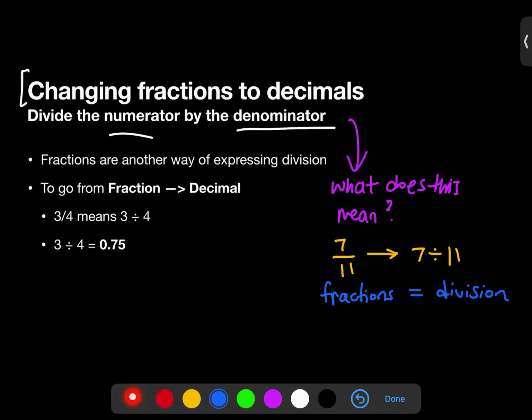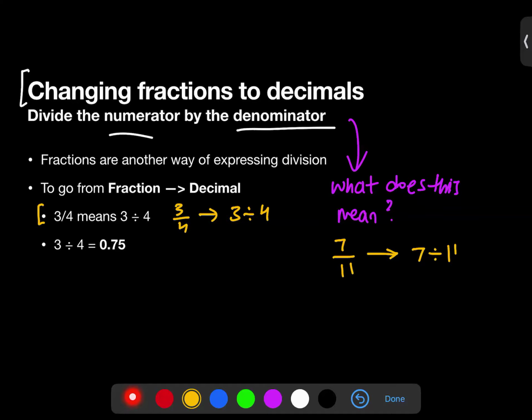Does that make sense? Does everyone understand this? Fractions equal division. Good. So now let's see exactly here. 3 over 4 is the same thing as 3 divided by 4.